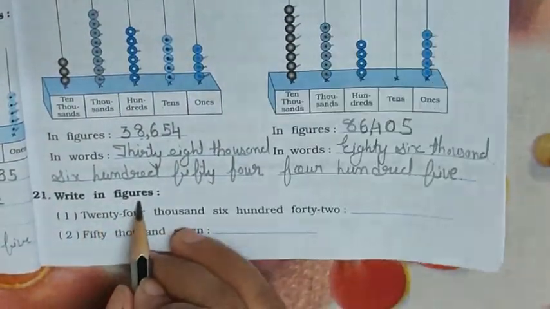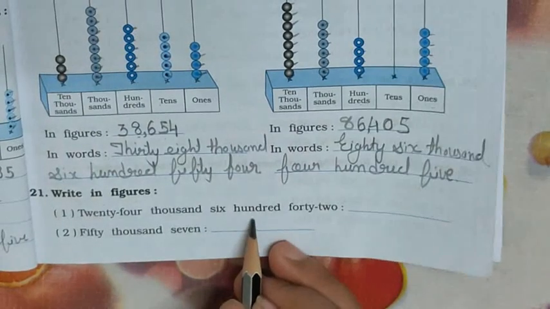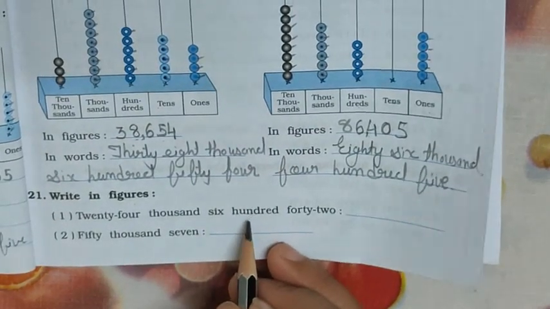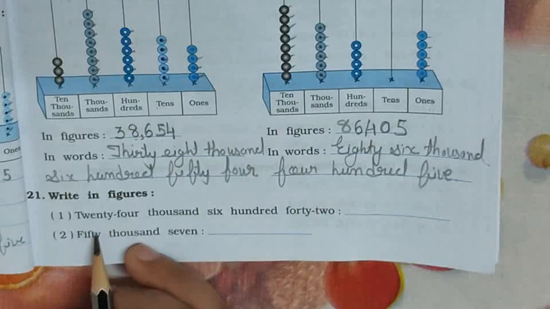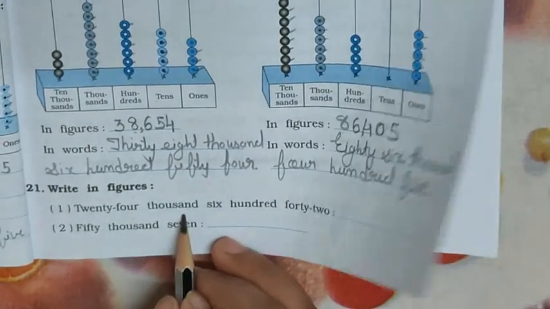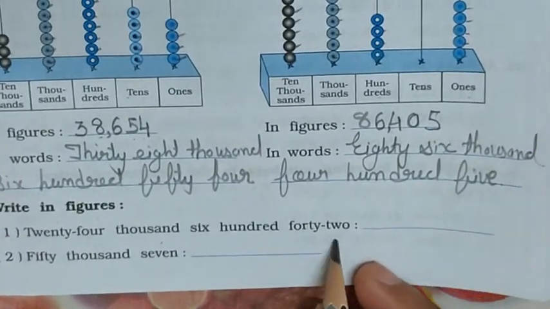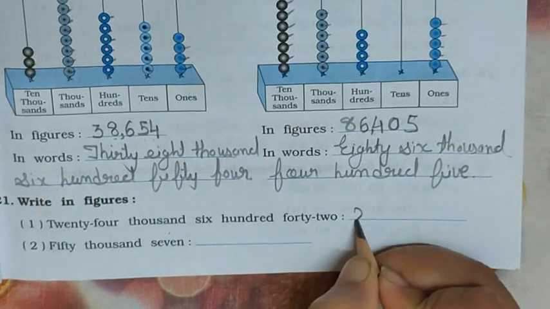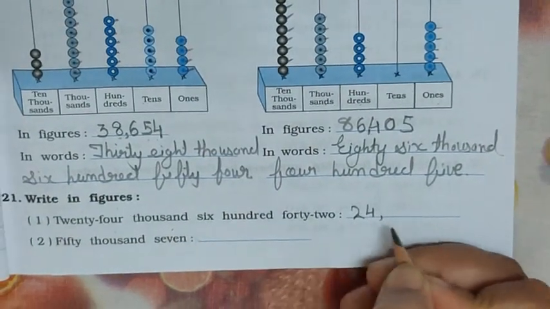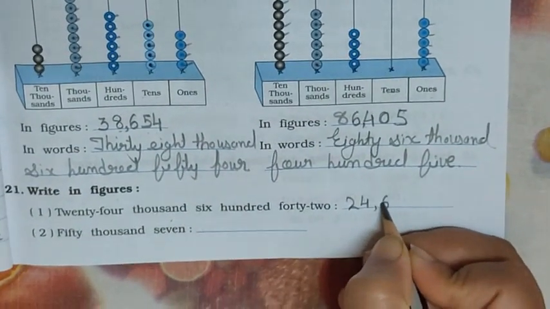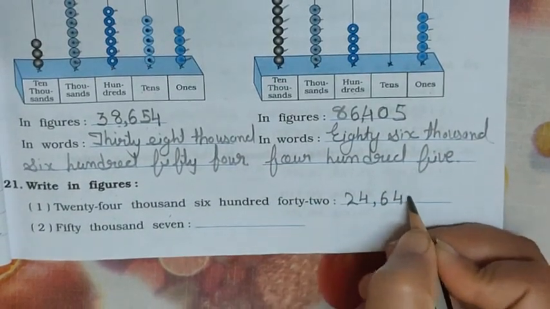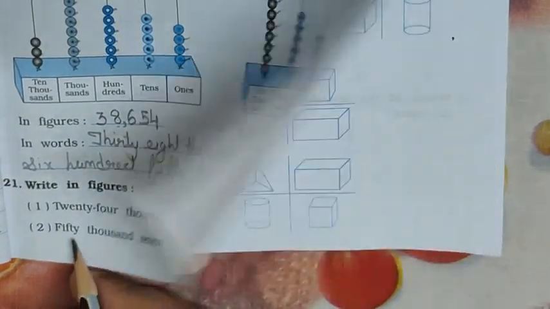Write in figures. Here words are given. You have to write in the figures. Let's see the first one. 24,642. See next one.